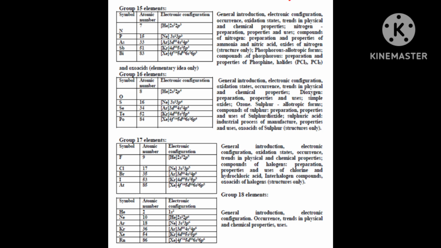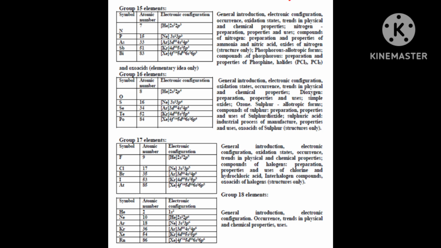For example, in the +5 oxidation state, both N and P form oxoanions. Nitrogen and phosphorus belong to the same group, but they vary in oxidation state.